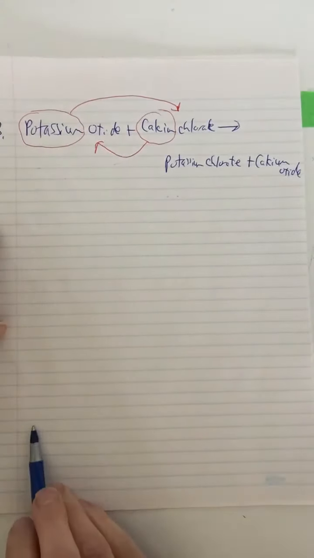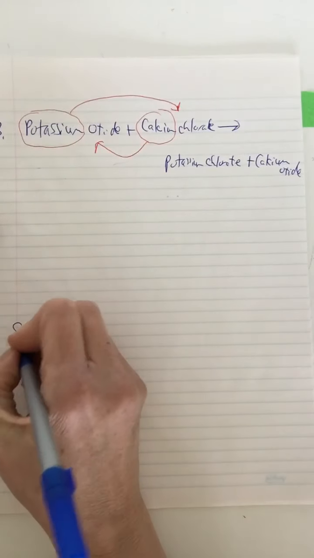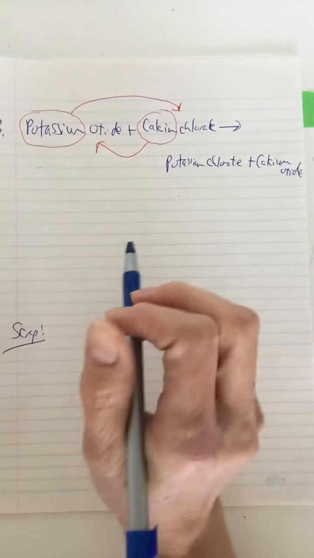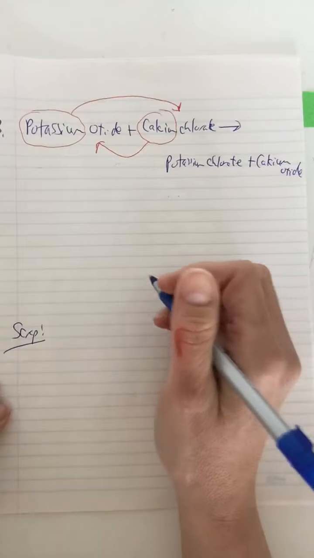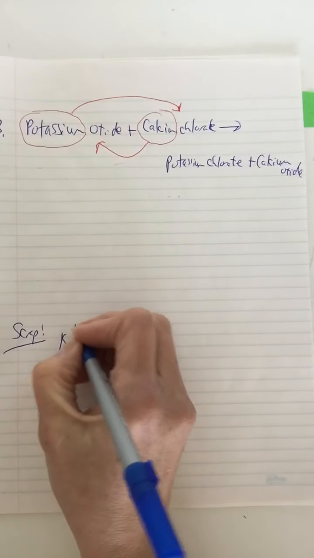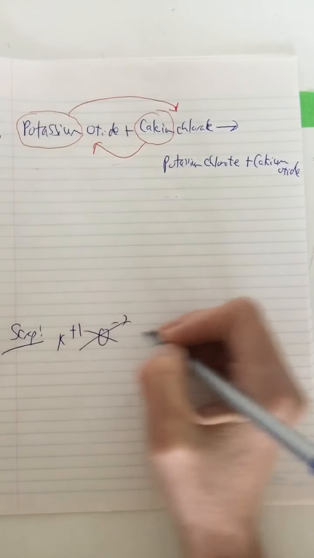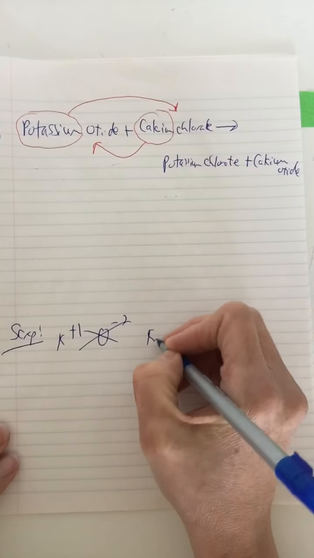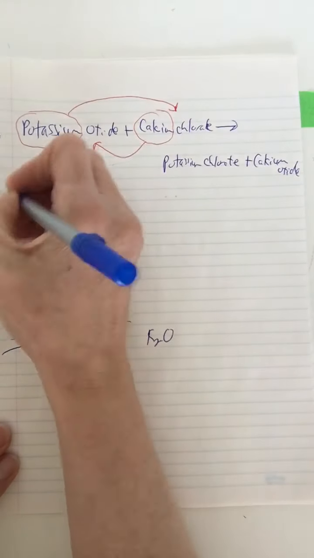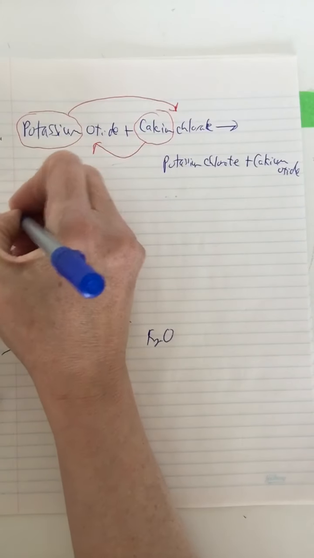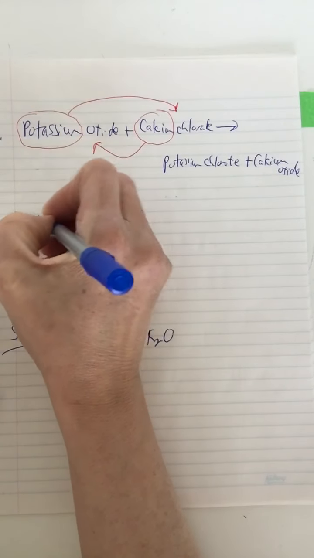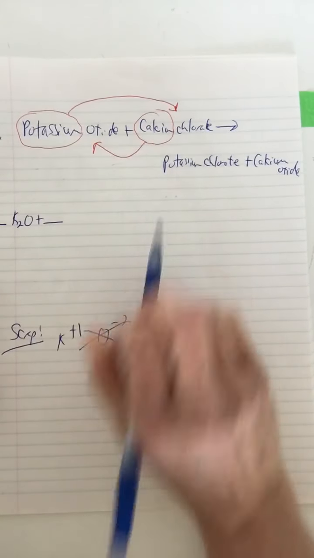Now let's have some scrap work down here, and we're going to write out this equation. So potassium oxide, well, we don't know what that looks like. So get your periodic table, and you'll know potassium is a +1. Oxide, O minus 2, crisscross, K2O, that's potassium oxide. So let's write that here, K2O plus calcium chlorate.